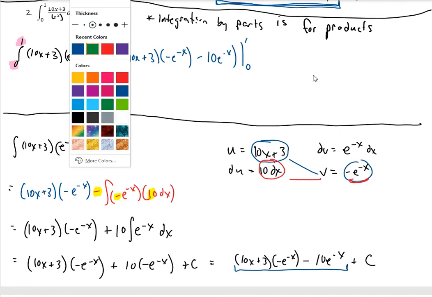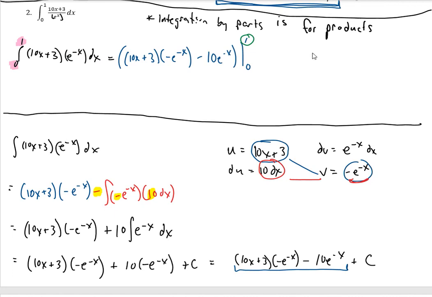Let's use green for the top. So 1 is going into all the x's. It becomes 10 times 1 plus 3 and then negative e to the negative 1 minus 10 e to the negative 1. So there's that one.